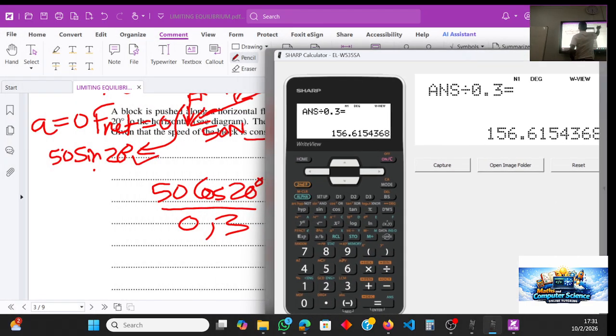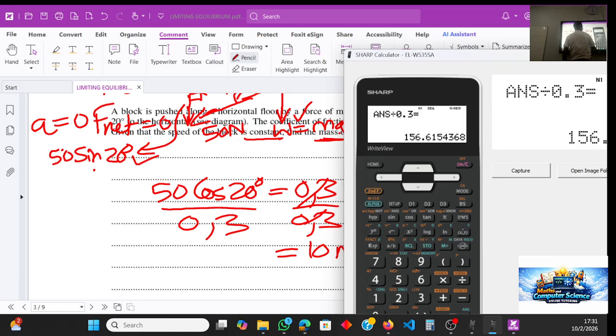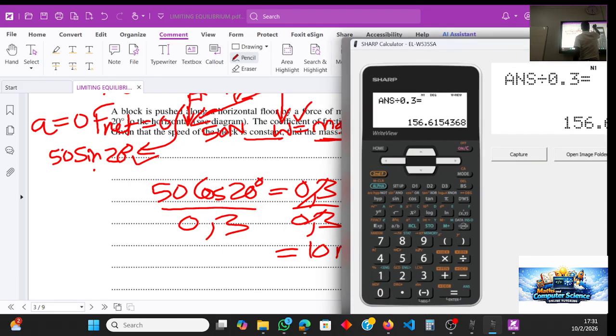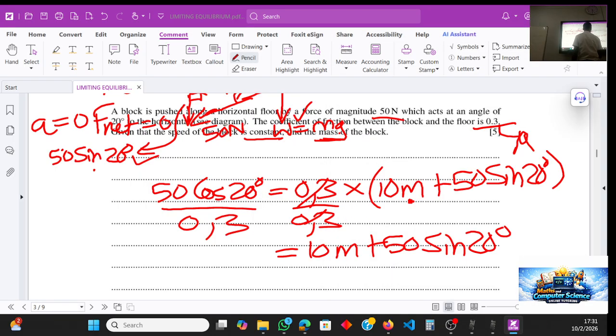So let me push my calculator this side so I can visualize the calculation. I'm interested in this calculation where it's 50 cos 20 degrees divided by 0.3, giving me 156.61, which I can round to 2 decimal places, 156.62. So let me drop that.